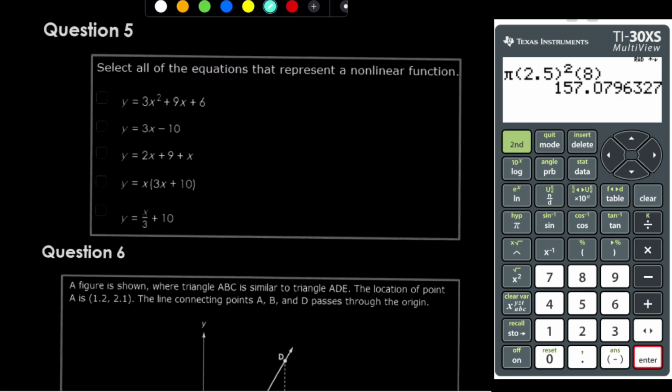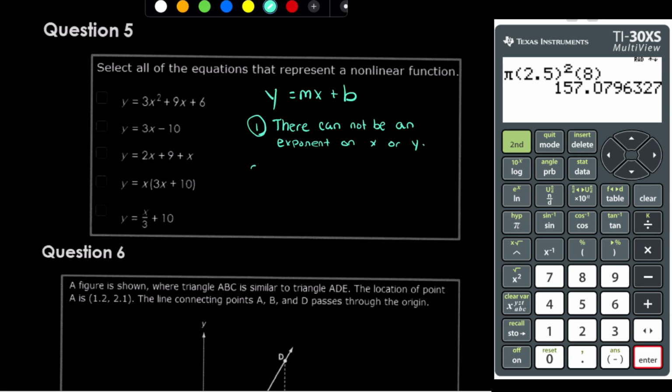So when we talk about what makes a linear function linear, right, we want something that can be written in the form y equals mx plus b. To get to that point, we have two rules that we have to follow. One, there cannot be an exponent on x or y.